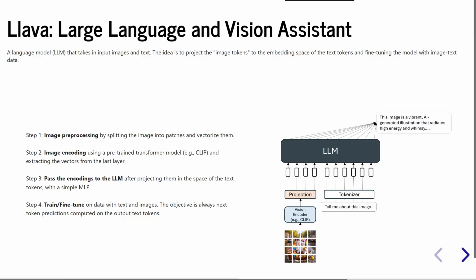Then we have this long sequence that consists of image tokens and text tokens, and we pass this sequence inside a text transformer. Then we let the transformer generate the text, such as the description of this image.